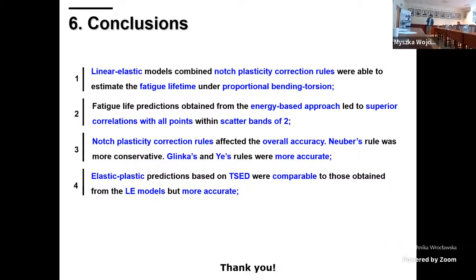Regarding the notch plasticity correction rules, Glinka's and modified Glinka's were the best ones. And comparing both elastic and elastic plastic predictions, we concluded that they are comparable, which is good in our perspective. Thank you very much.